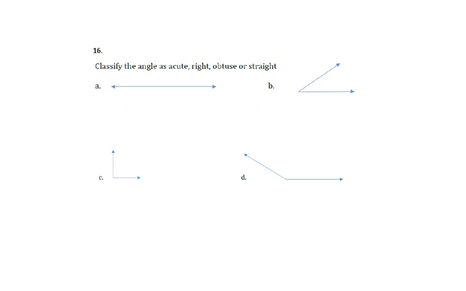Yep, okay. Question 16 wants us to classify the angle as acute, right, obtuse, or straight. So each part is really a multiple choice question, and we want to figure out which is which. A is straight, because that's self-explanatory. It's a straight line.